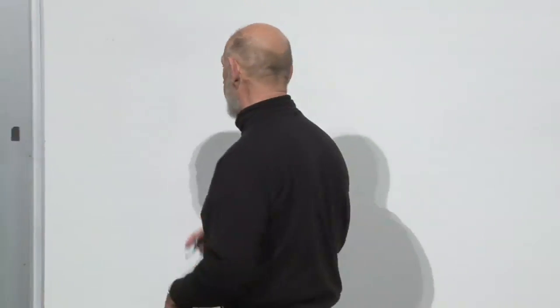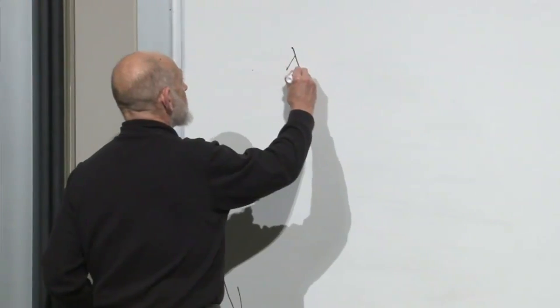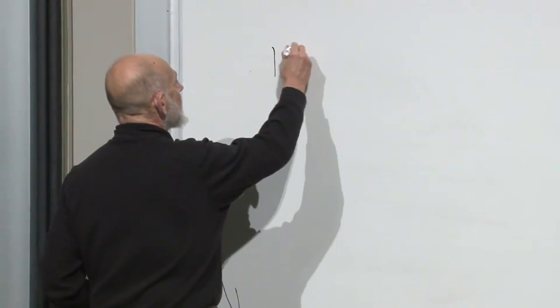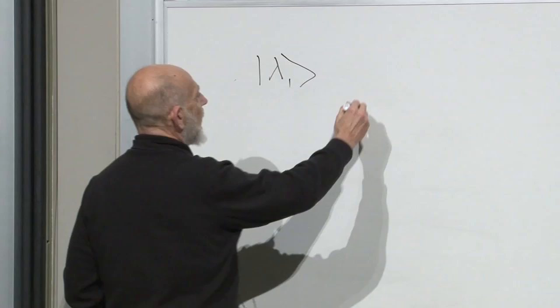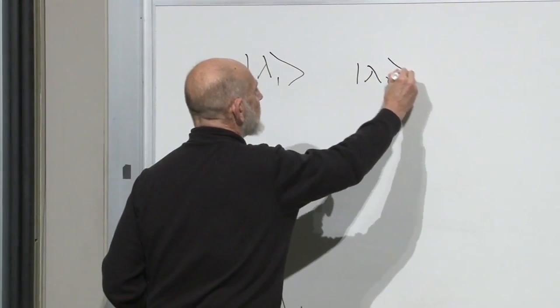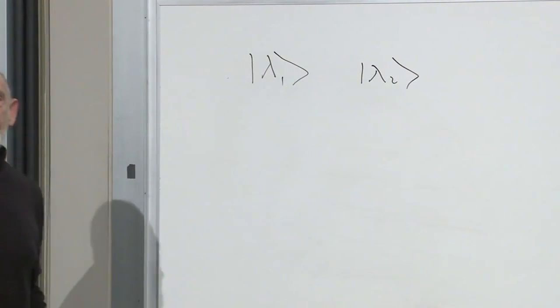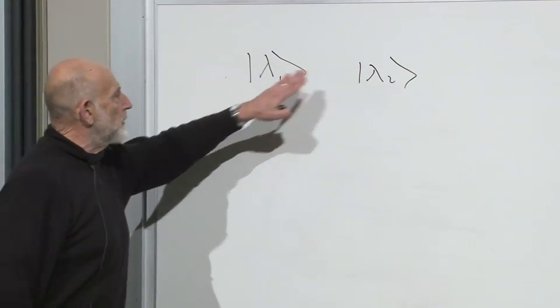All right, so supposing you have two eigenvectors with the same eigenvalue, then it's also true that any linear combination of those two eigenvectors is also an eigenvector with the same eigenvalue. For example, let's suppose lambda 1 and lambda 2. Now, these are not two different values of lambda. These are the same value of lambda, but two different eigenvectors.